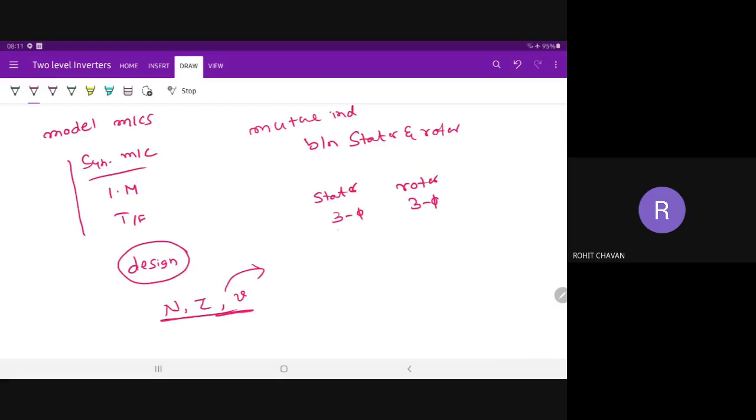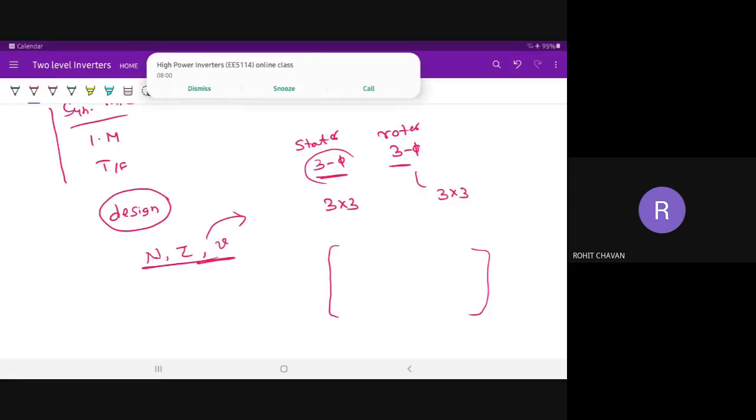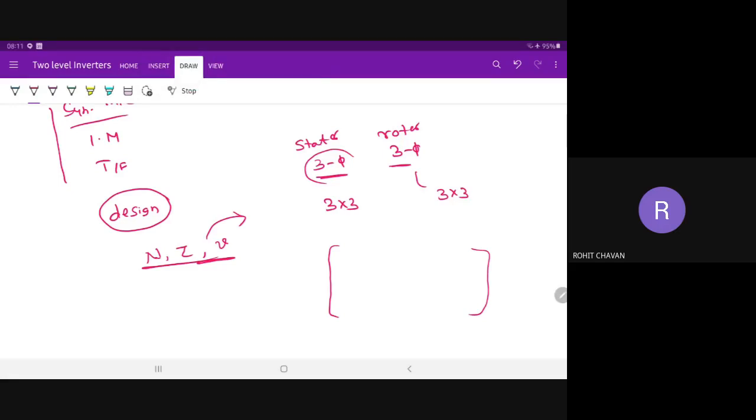The stator has an inductance matrix of 3 by 3, and similarly the rotor has an inductance matrix of 3 by 3. When you combine them, the A, B, C phases of the stator will interact with the phases in the rotor. Therefore, this matrix becomes a 6 by 6 matrix.